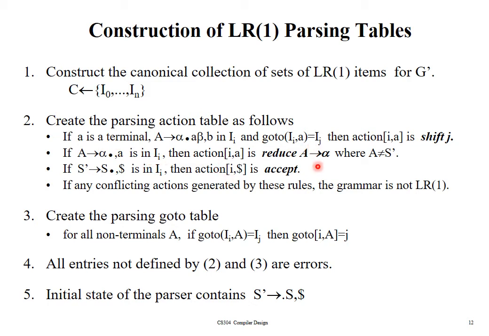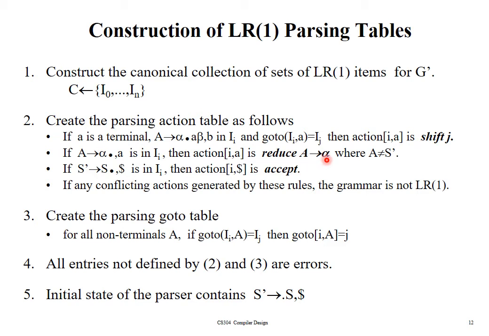But here the difference is that we will not find the follow of the non-terminal, but we will indicate the reduce action corresponding to that closure under the look ahead symbol corresponding to the item. That we will get easily when we look into the next slide.